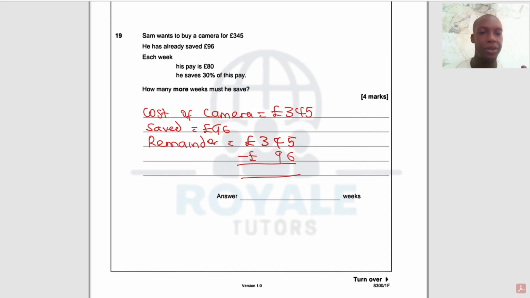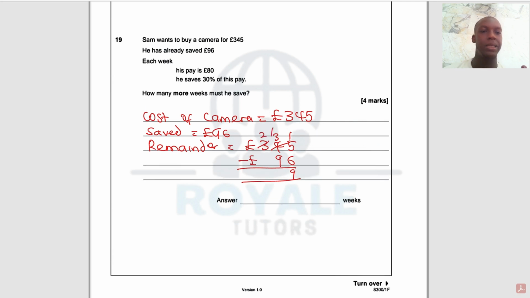And what's that going to give us? Of course, 15 take away 6 is 9. 3 take away 9, that's not possible. So we have 13 take away 9 to be 4. So we have 249 pounds is the remaining amount that he has to pay back.